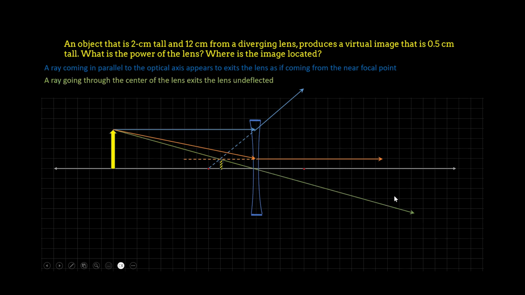Ray through the center continues. Ray from the tip as if it's going through the other focal point on the other side, comes out parallel. They all meet over here on this side, and this is the image. 3 centimeters away, which is what we showed, and its magnification is a quarter. This is 4 units. This is 1 unit. Okay, so this one checks out perfectly.